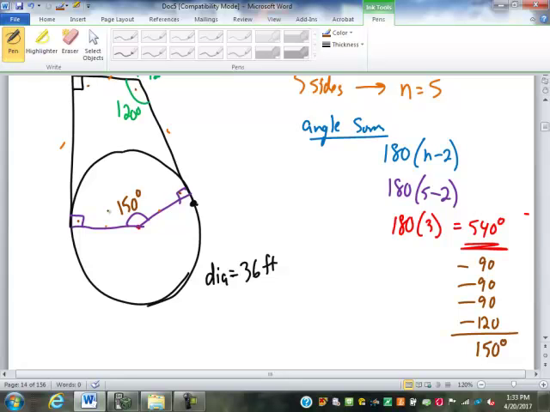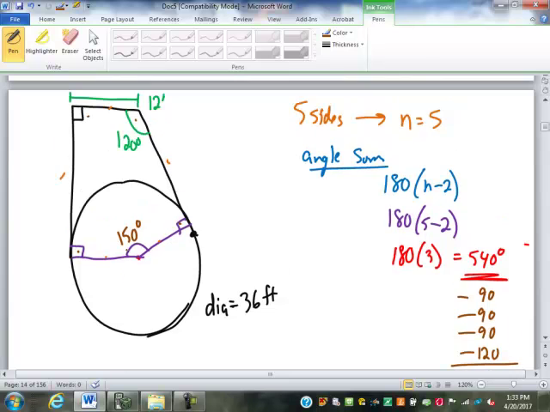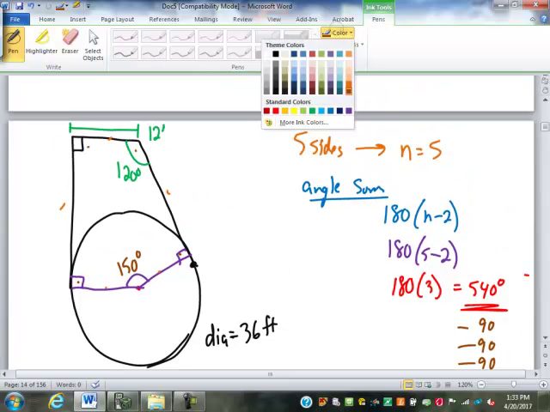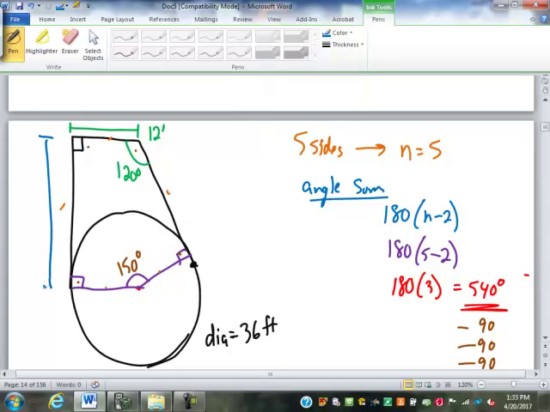Now what? I haven't really told you what I'm asking for yet, have I? I want to know this length from there out. Gonna have to do some triangles somewhere.